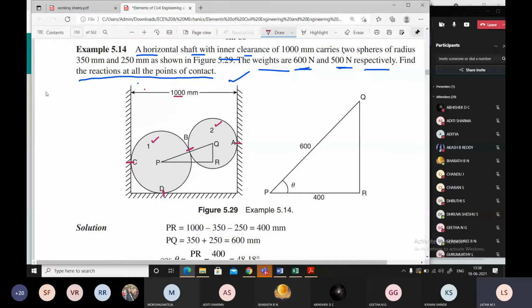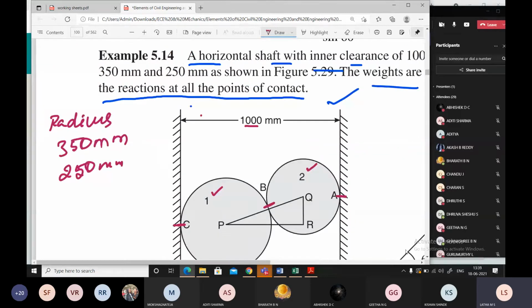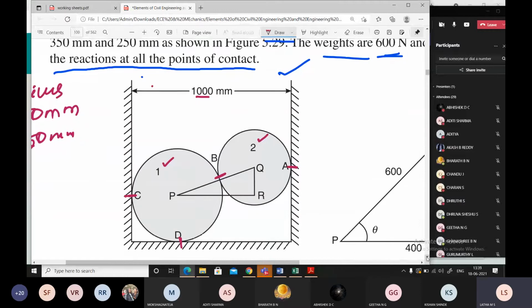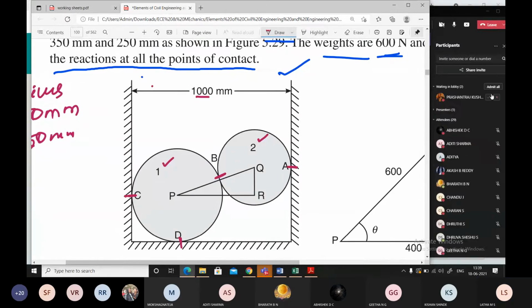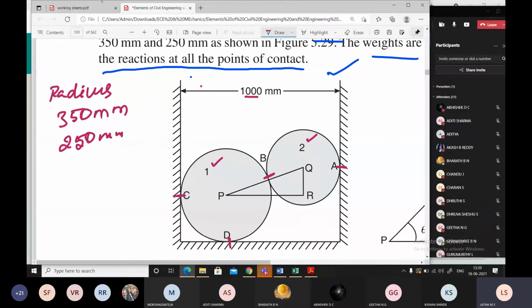So the radius is given, 350 mm and 250 mm. This is only for my understanding of what I am writing now. Don't worry. First you listen to me, then I'll ask you to write.